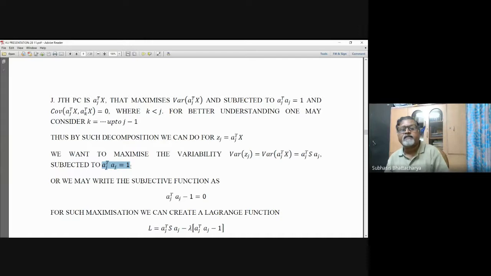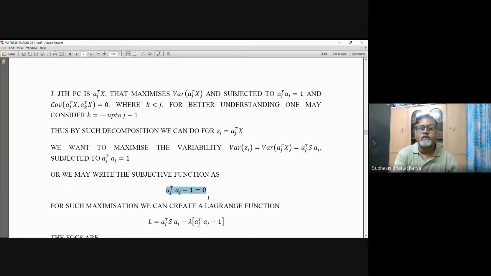We maximize the variance of Zj, which is identified as earlier, in the form of the sample, that is A transpose S A, maximized subject to this constraint, which can also be written in this way.